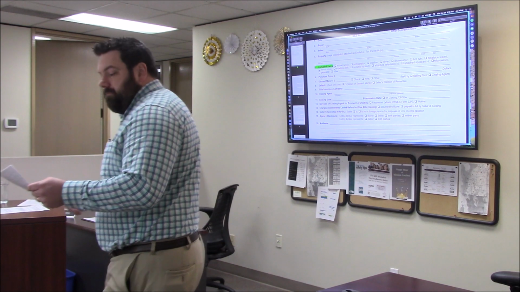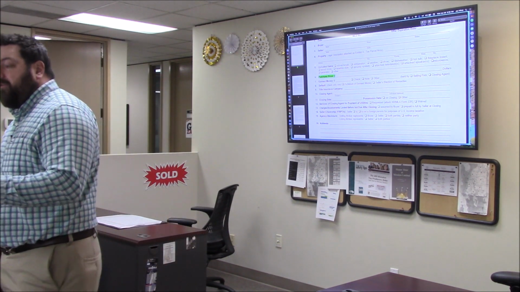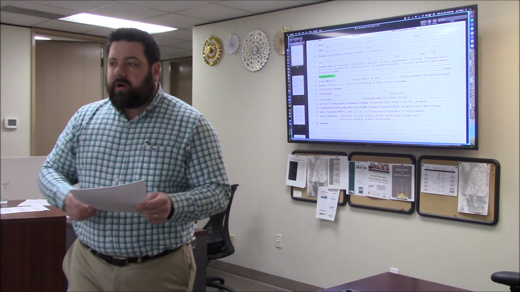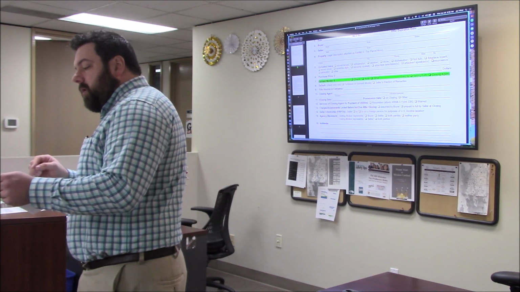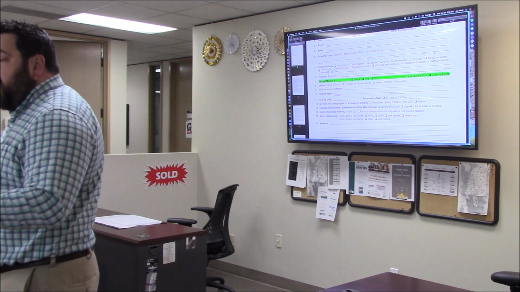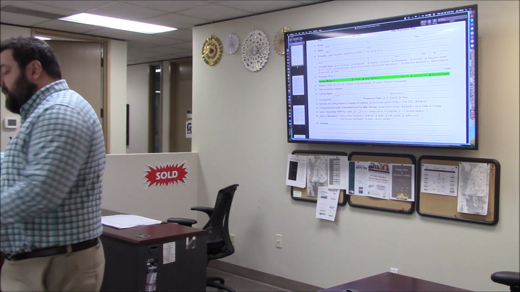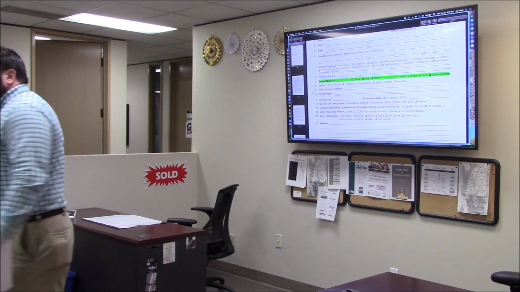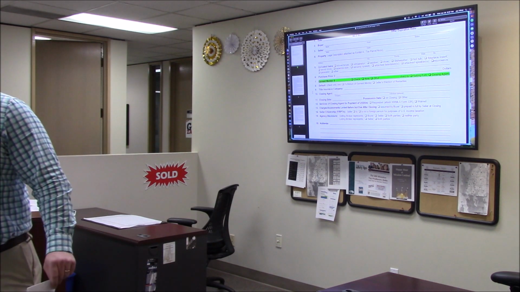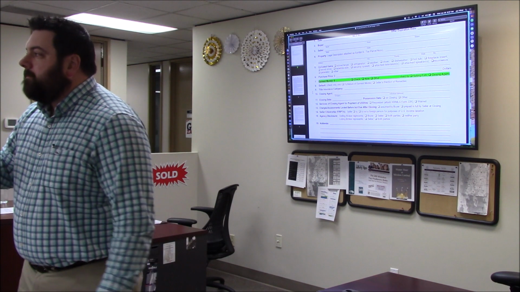The purchase price, pretty straightforward, is the amount that we're offering to purchase the property for. The earnest money, we know what earnest money is. We're not going to go too far into that today. However, you'll notice that there's some options after that. You can check a box that says check, or you can check a box that says note, right? Check is just that, a bank check, right?